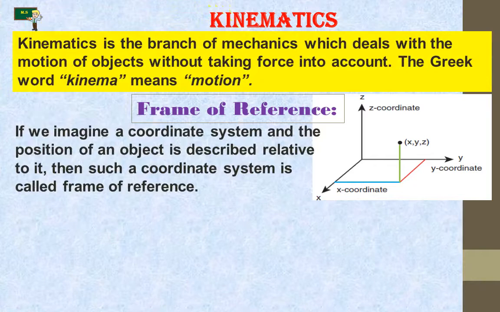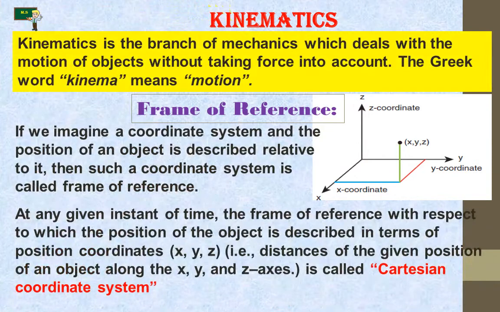You can see this frame of reference has a y-axis, x-axis and a z-axis. So the y coordinate, x coordinate and z coordinate combined to form a frame. This is called the frame of reference.